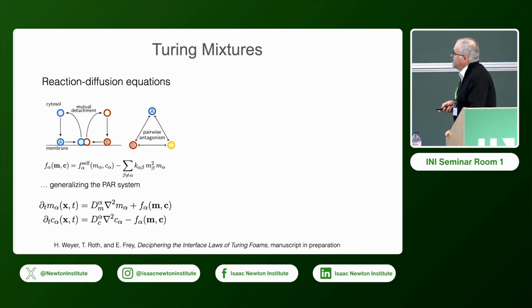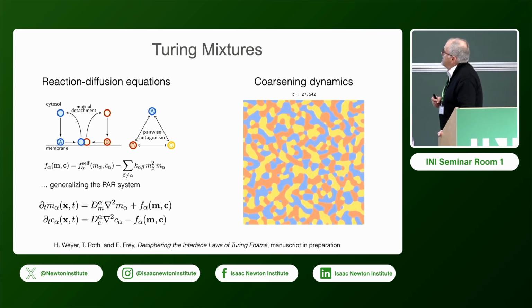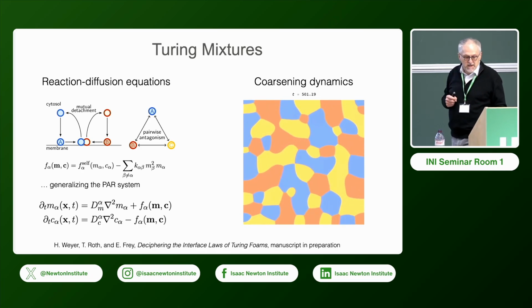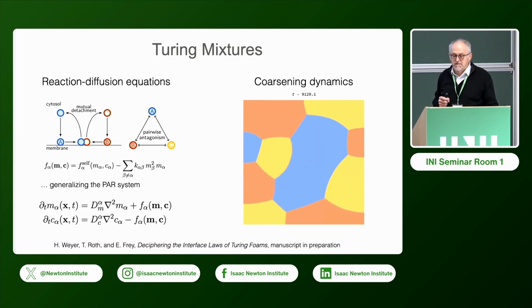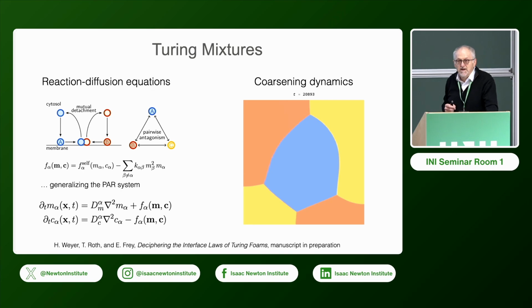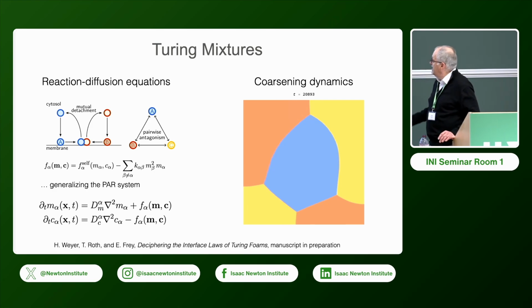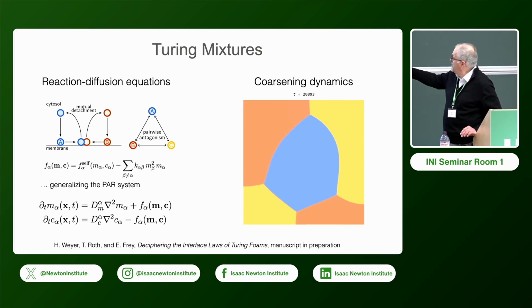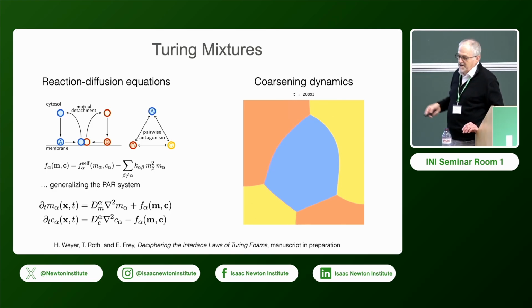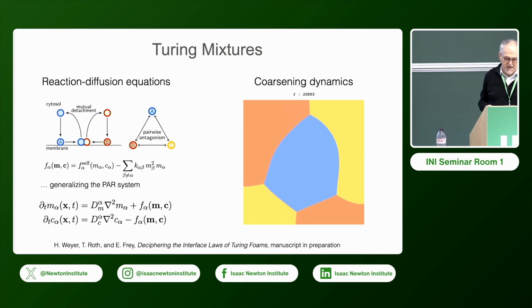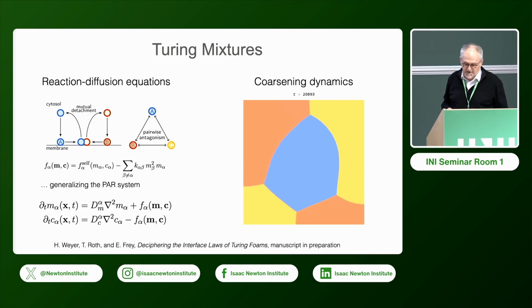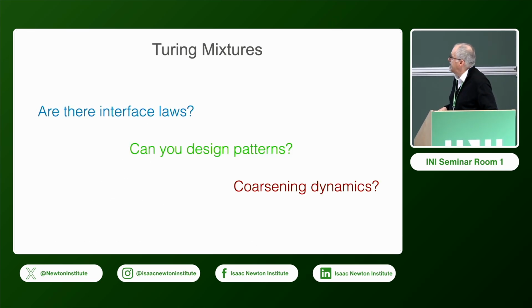And as you look at that on a computer, then you'll see over time it shows the mixing type of behavior, in very much the same way as you would have it for multi-component mixtures. And in particular, in the end, you end up with these vertices that are a meeting point of three different phases in the system.